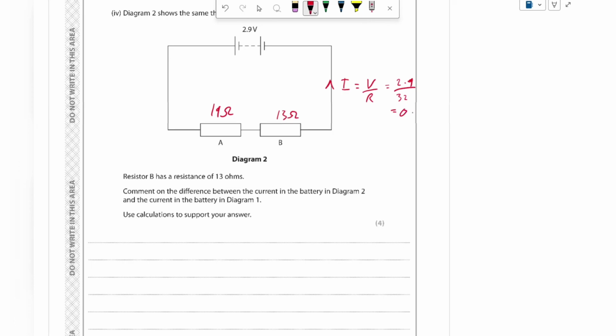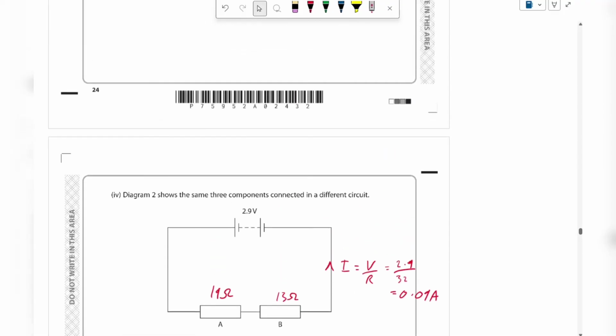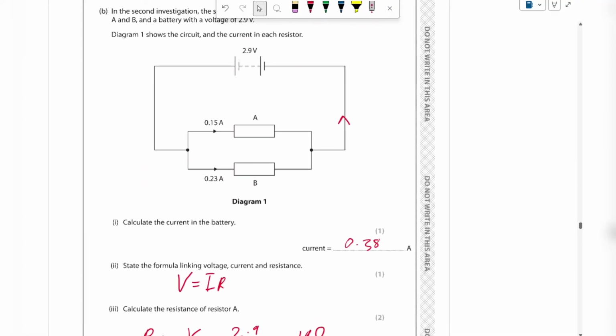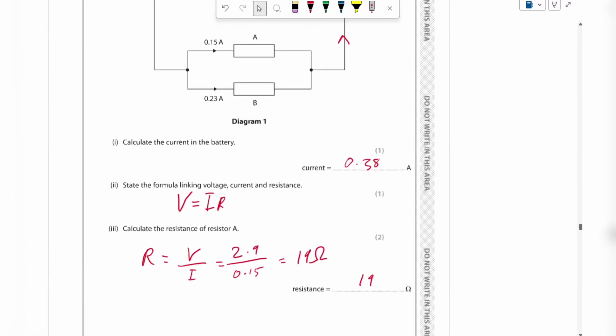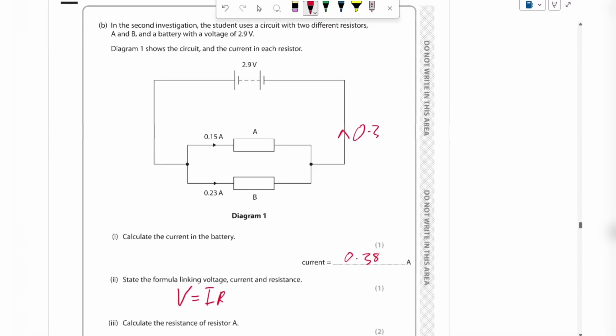So our current now is 0.09 amps. In other words, much lower than whatever it was here, 0.38.